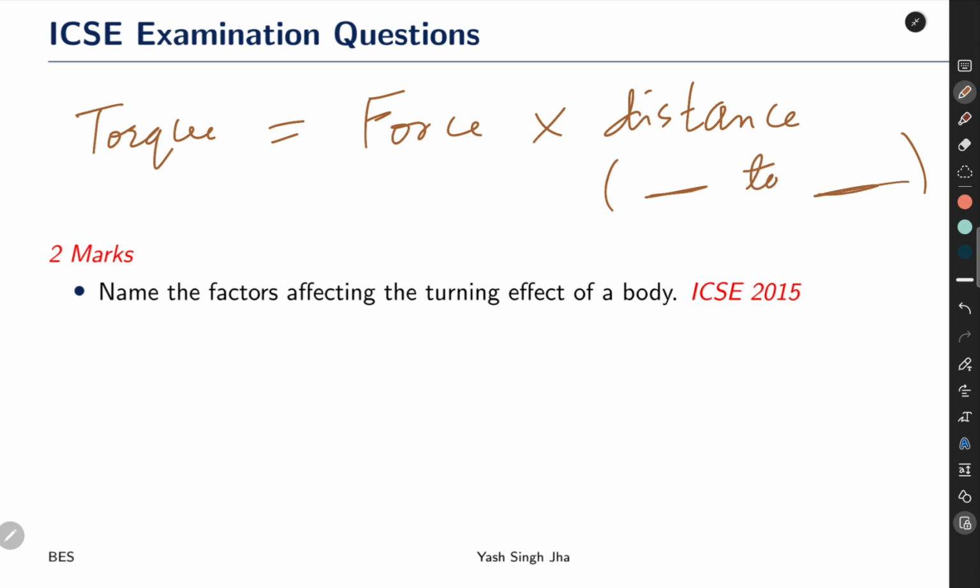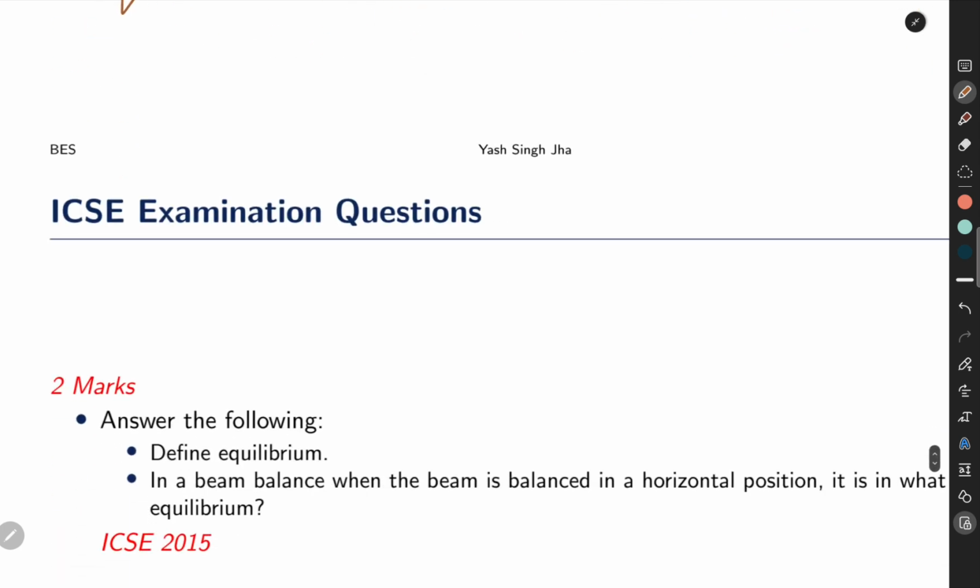Number one is force itself. Lesser the force, lesser the turning effect. Greater the force, greater the turning effect. Second is the distance of the line of action of force to the center of rotation. So these are the two factors affecting the turning effect of a body.